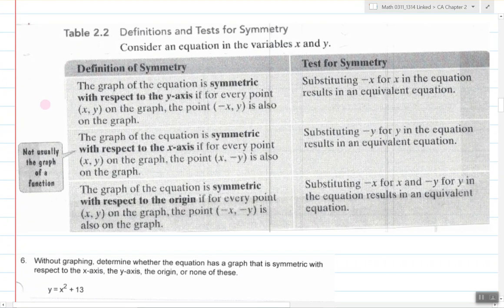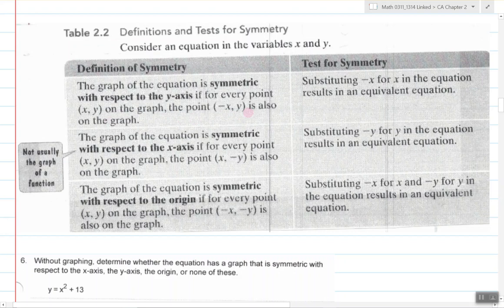All right, something else we need to talk about with functions is symmetry. The graph of an equation is symmetric with the y-axis if for every point x, y there is also a point -x, y.